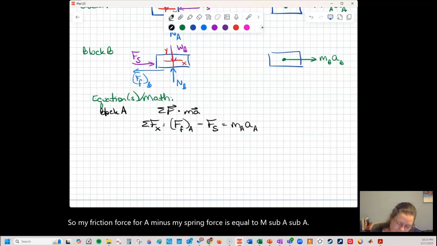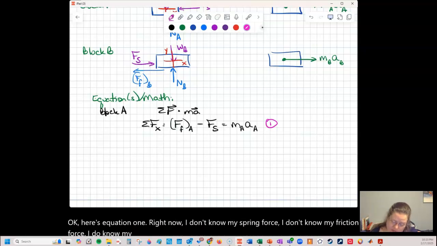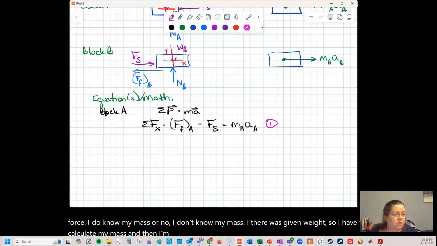Okay, here's equation 1. Right now, I don't know my spring force. I don't know my friction force. I do know my mass. Or no, I don't know my mass. There was a given weight, so I have to calculate my mass. And I'm also given my acceleration. So I don't know what any of these variables are until I start doing some calculations.